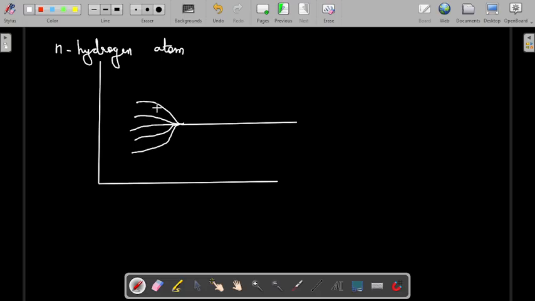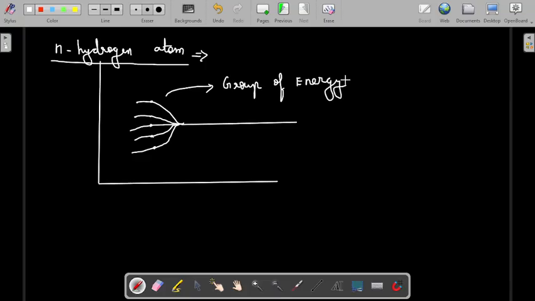N number of energy levels will be split based on the number of hydrogen atoms. The combined thing is called one substance, so we mention it as a group of energy levels.